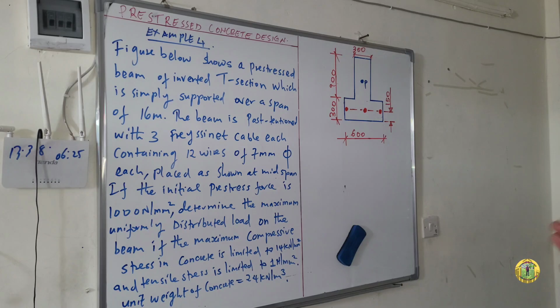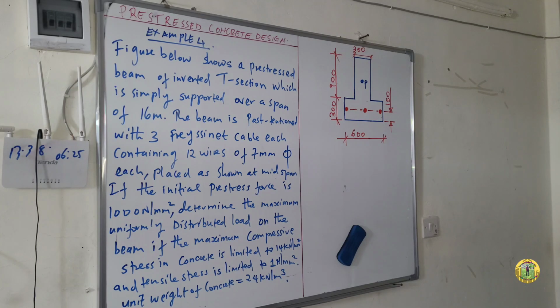So today I want to solve example number 4, and this is prestressed concrete design. The question reads: the figure below shows a prestressed beam of inverted T section which is simply supported over a span of 16 meters. The beam is post-tensioned with 3 prestressed cables, each containing 12 wires of 7 millimeter diameter each, placed as shown at mid-span.